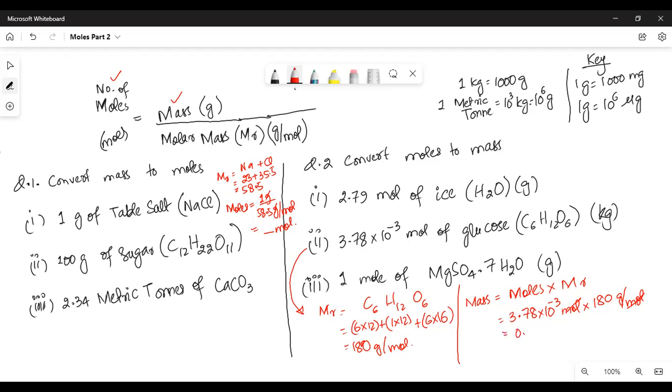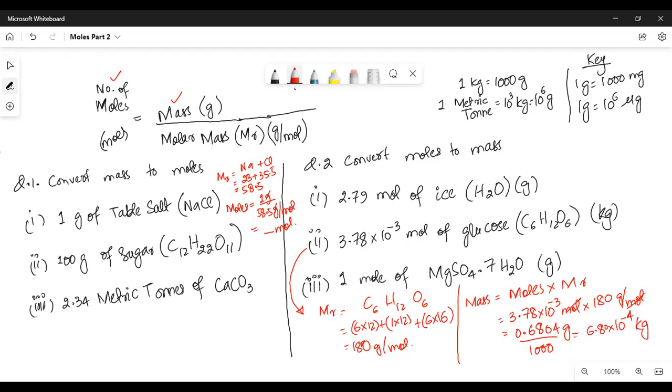So the answer is 0.68 what? It's 0.6804 grams. Now, when we convert it into kilograms, the answer should be divided by 1,000 and it becomes 6.804 into 10 raised to the power minus 4 kilograms.